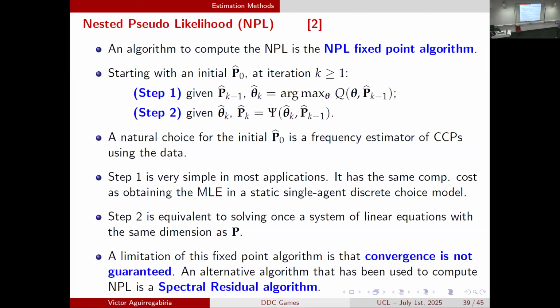Notice that we are not solving the dynamic programming problem, not to mention any Markov perfect equilibrium at any of these states. So unlike the two-step estimators, you don't need to start with a consistent estimate. Exactly. Of course, it does no harm to start with some non-parametric estimate, but we could start with any.